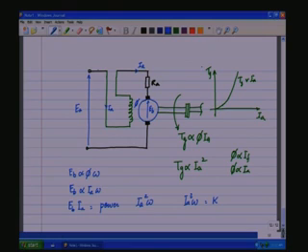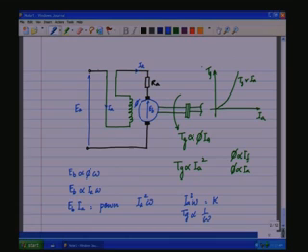Of course, Ia square is proportional to Tg, so the torque will be proportional to 1 by omega.